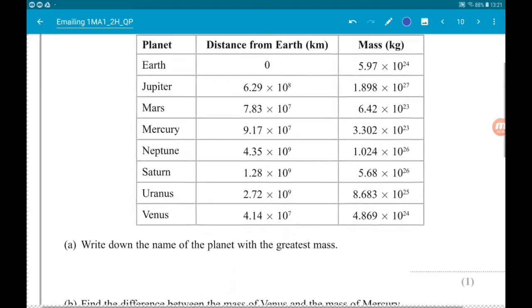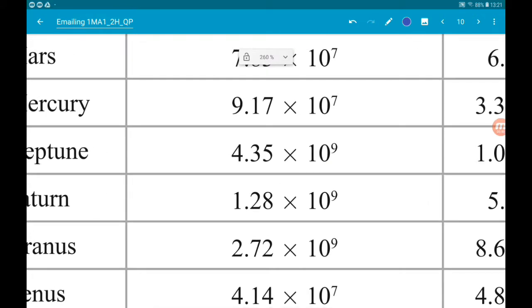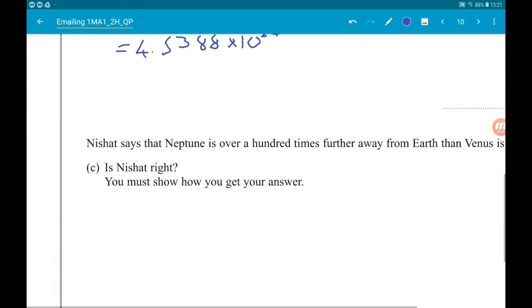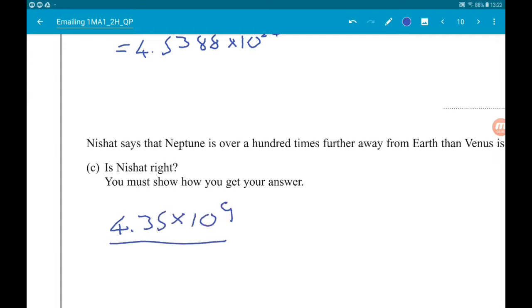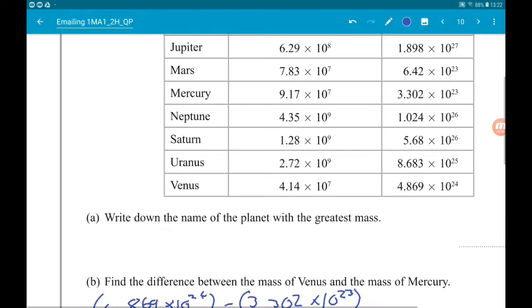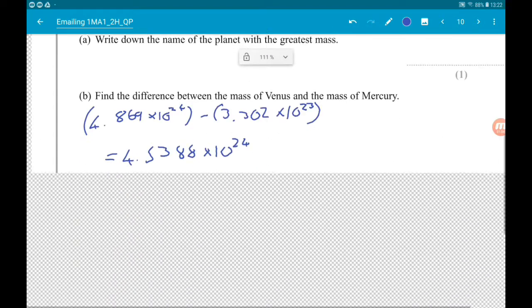So we need the distance for Neptune, which is 4.35 times 10 to the 9, divided by the distance for Venus, 4.14 times 10 to the 7.